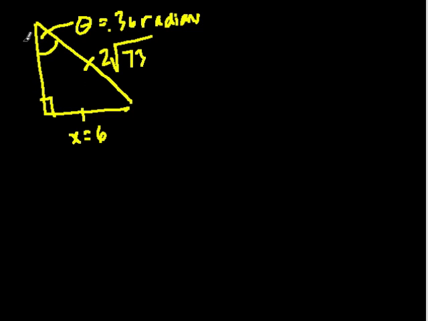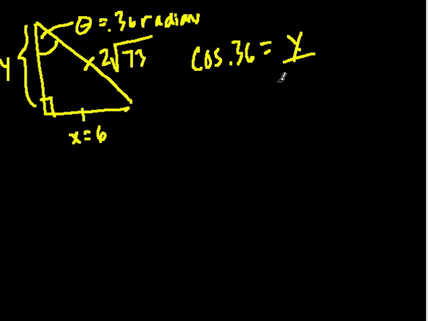So now we have this new unknown, and I think I'm going to go with the cosine of theta, the cosine of 0.36 radians, because it equals the adjacent, the unknown. Let me use y this time. We'll call this y. It's our unknown adjacent side over the hypotenuse.